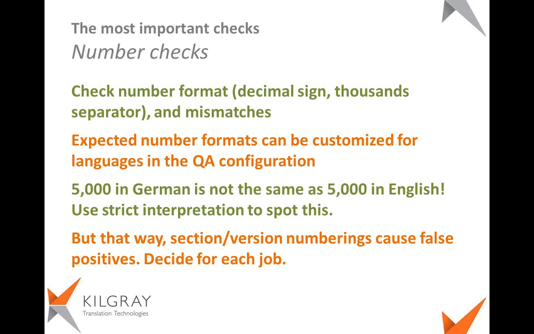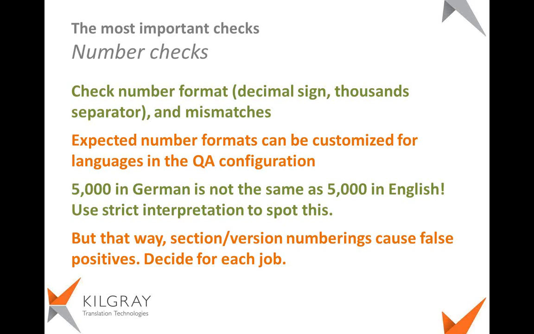But again, MemoQ has problems recognizing section numbering and version numbering, and it can cause false positives if the majority of numbers, like what I was showing you earlier today, a text from a book, where numbers come predominantly from numbers of figures and numbers of pictures, numbers of tables, and numbers of chapters.